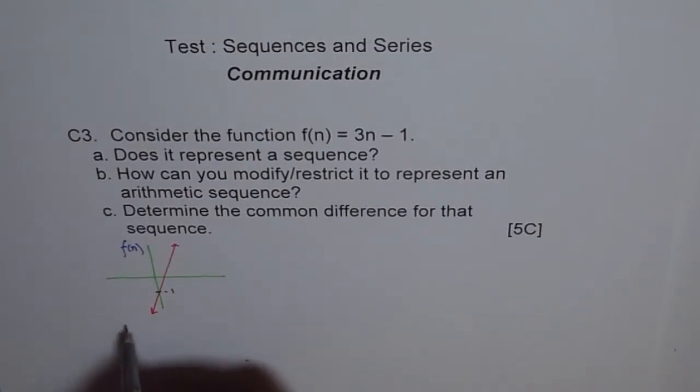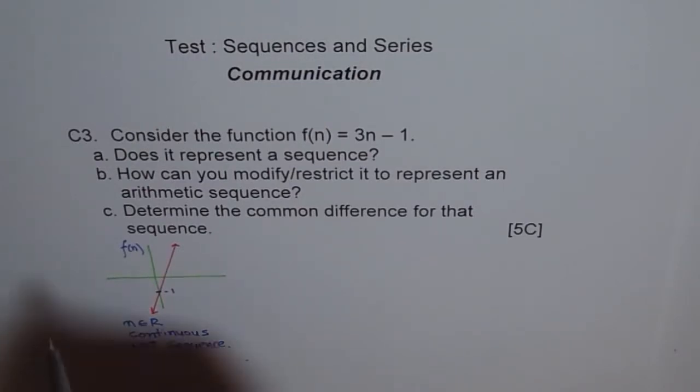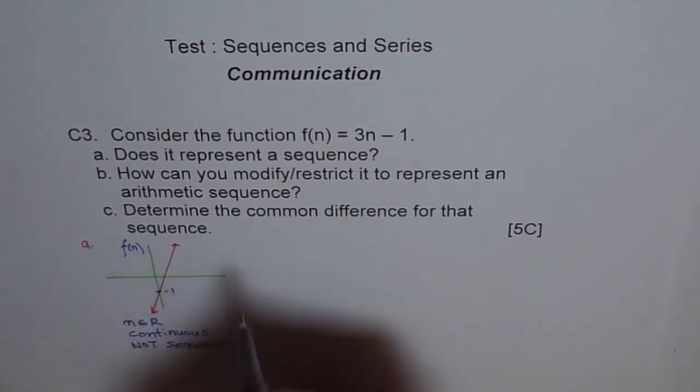Here we say n belongs to real numbers. It is continuous, and therefore it is not a sequence. So that is part A. Let's consider this as part B.